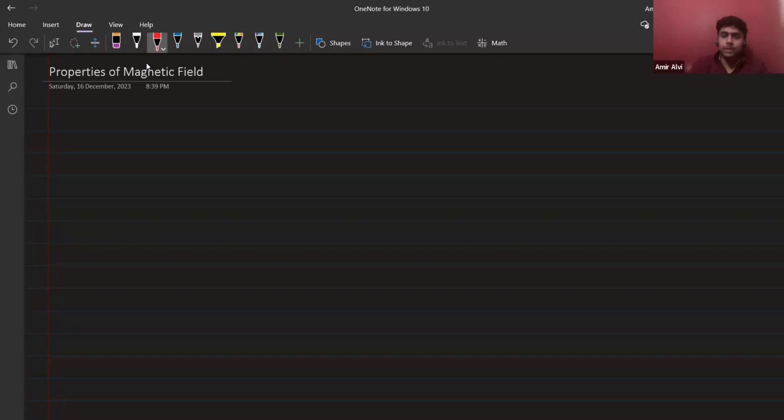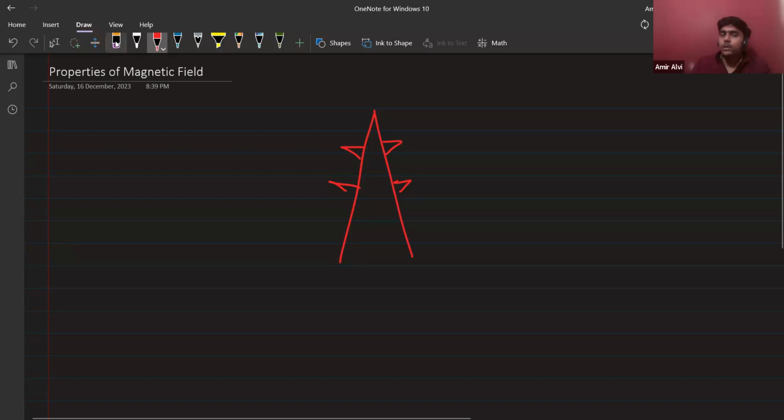I've seen this in my village as well, so I think you have also seen these. Just suppose these kinds of towers are there. Yes or no? Yes, sir, I've seen it.